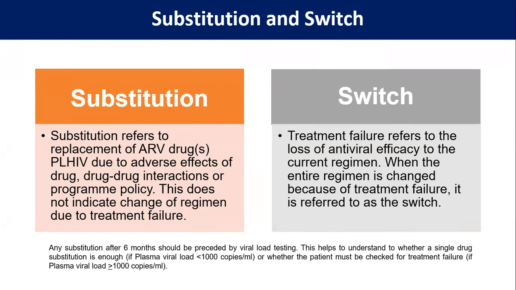For any substitution after 6 months of ART, viral load should be done to know whether a single substitution of a single molecule is enough or the patient needs to be checked for treatment failure. That is, if the viral load is less than 1,000 copies, then a single substitution of a molecule might do. But if the viral load is more than 1,000, then we need to refer the patient to SASAP for switching to second line ART.